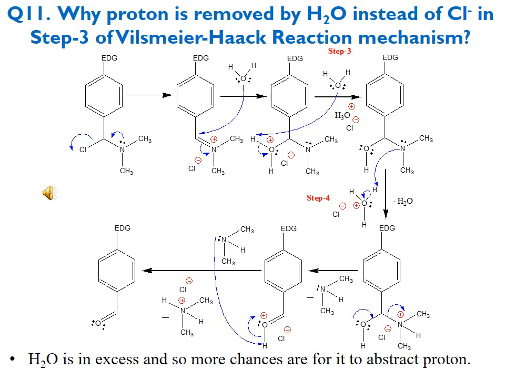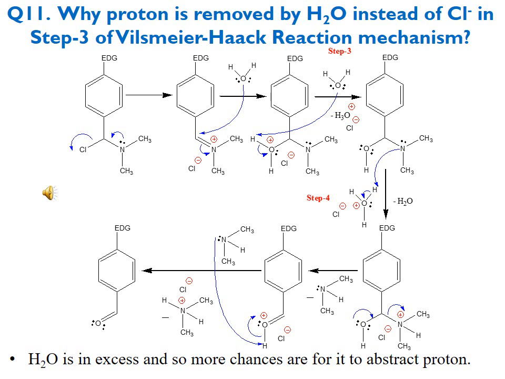Here you can see another reaction mechanism from the Vilsmeier-Haack reaction. Here step 3 and step 4 are marked. In step 3, the question is why the proton is removed by water instead of chloride ion. You can see chloride ion is also present along with this positively charged oxygen, but the proton from this oxygen is abstracted by the water.